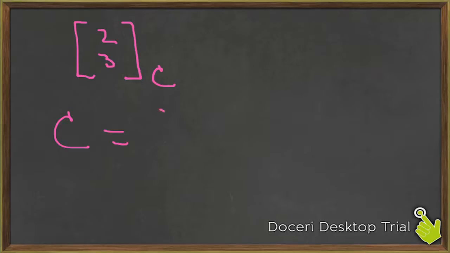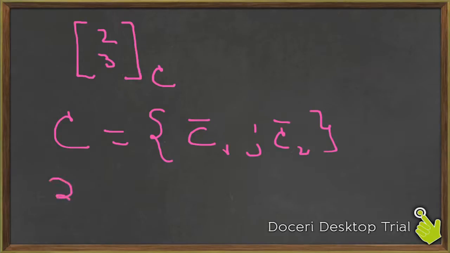Now what we'll see later on is that if we wanted to write the vector, say 2, 3, in terms of another basis, C, then this would be the coordinates for a basis C. I don't know what C consists of, we can make something up, but if C was a basis for R2 that consisted of vectors c1 and c2, then that would mean that the vector 2, 3, if we were to write it in terms of the standard basis, would be whatever we got from 2 times c1 plus 3 times c2.